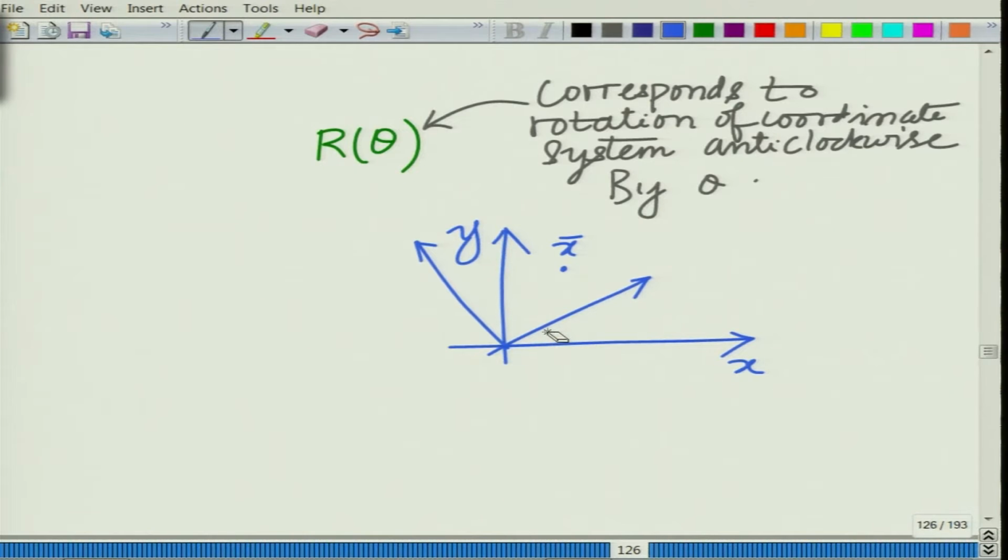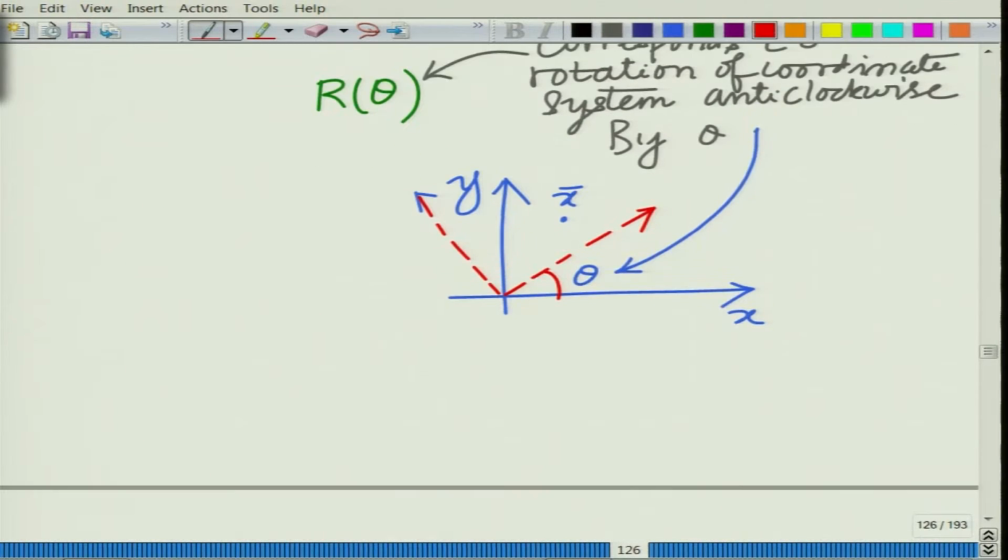These are given by the rotation matrix, right. Let me just draw this. If you have a system that is rotated by theta, the new coordinates are given by taking the old coordinates and multiplying them by R theta.